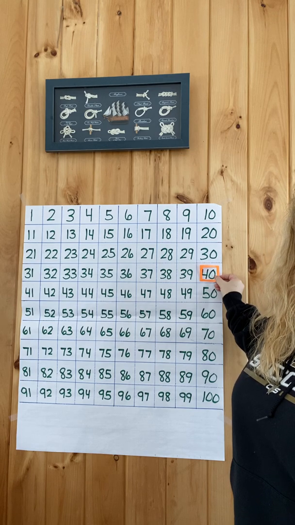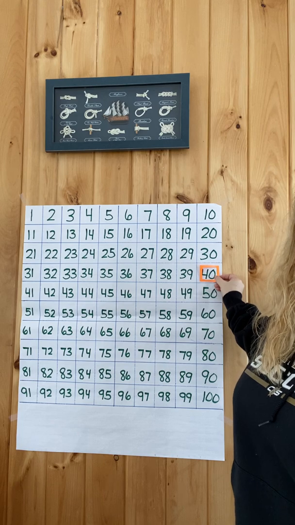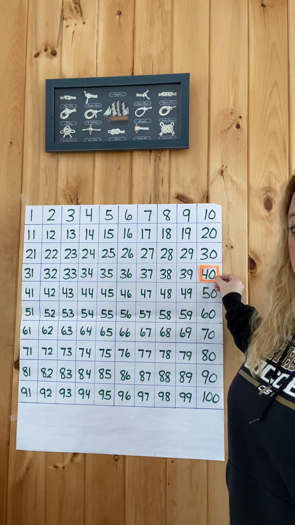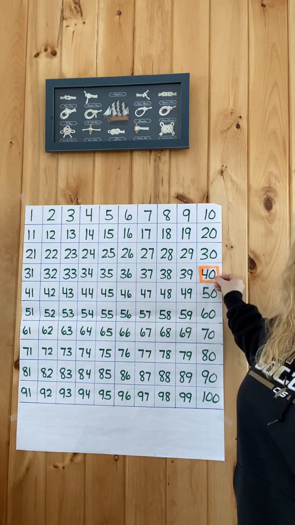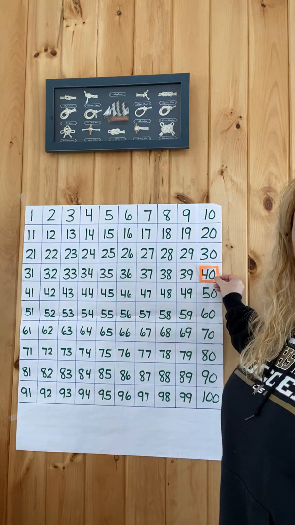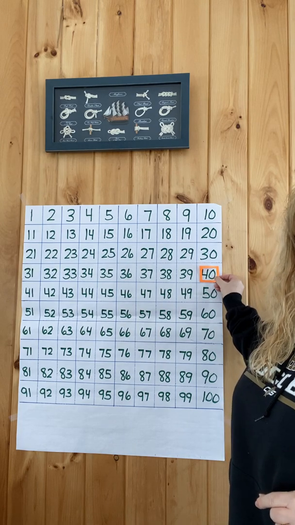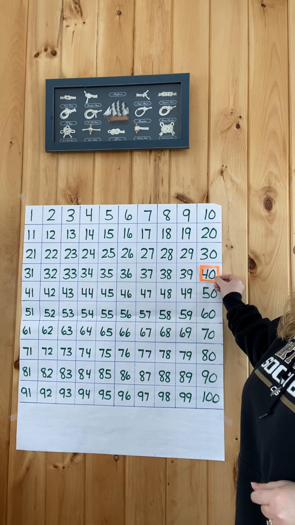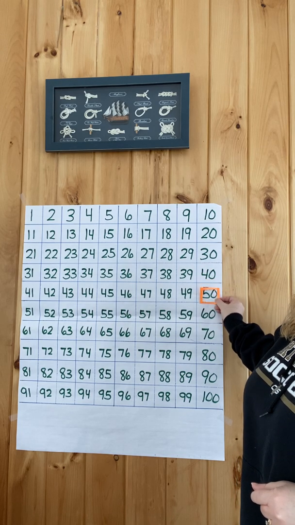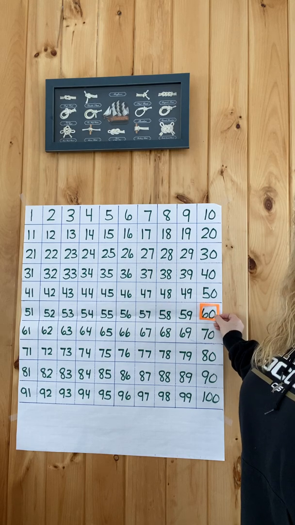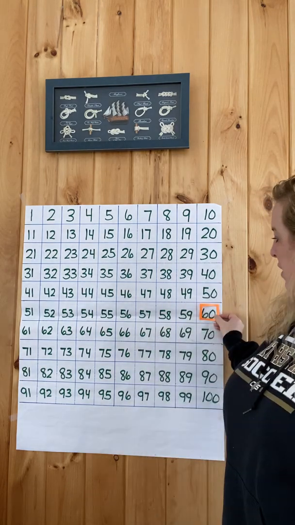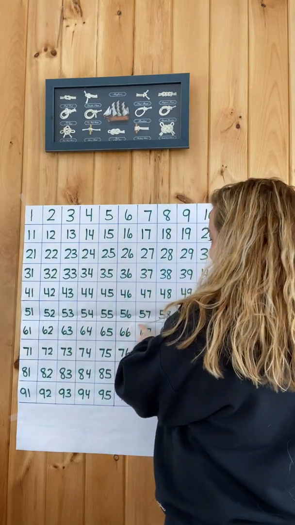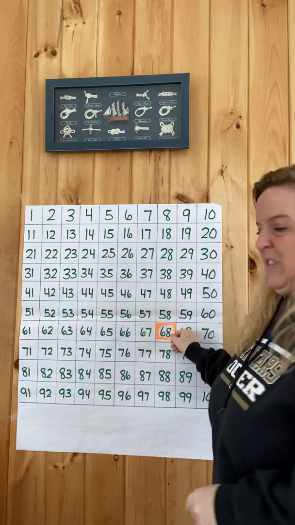So for this one, I might not want to start with 40. I might want to start with 28 because I can bump down 4 times better than I could do 28. But I'll show you both ways. So if I start with 40 and I have to go down 20, 10, 20, but then I still needed to take care of that 8. So now I could just do 1, 2, 3, 4, 5, 6, 7, 8, getting an answer of 68.